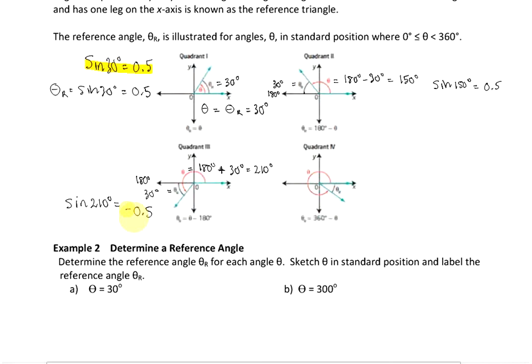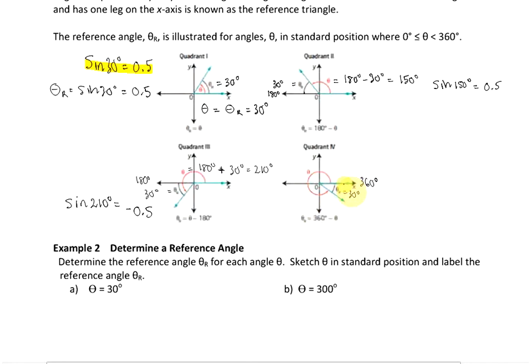All right, and let's take a look at our fourth quadrant angle. I'm going to say my reference angle is 30 degrees. My angle in standard position, theta, goes almost a full circle. And I want to calculate what this angle is. I know that up to here it's 360 degrees, right? A full circle is 360.